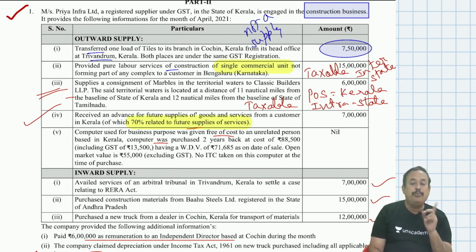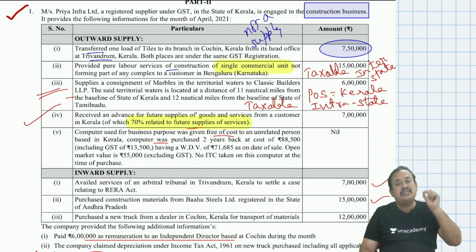If advance is received for supply of goods, it is not a time of supply; payment received in advance for supply of goods is not a time of supply, which we already understood in our regular studies. However, for advance received for supply of services to be supplied in future, the advance payment is a time of supply.